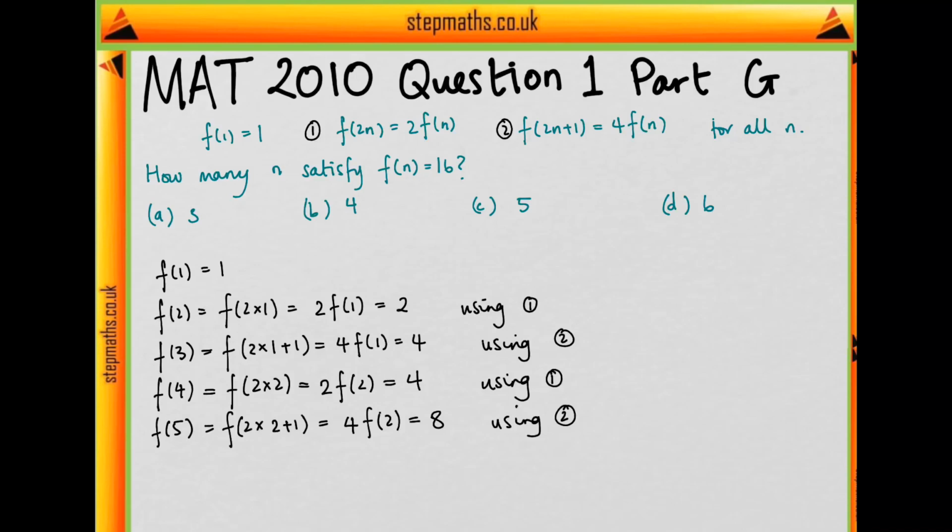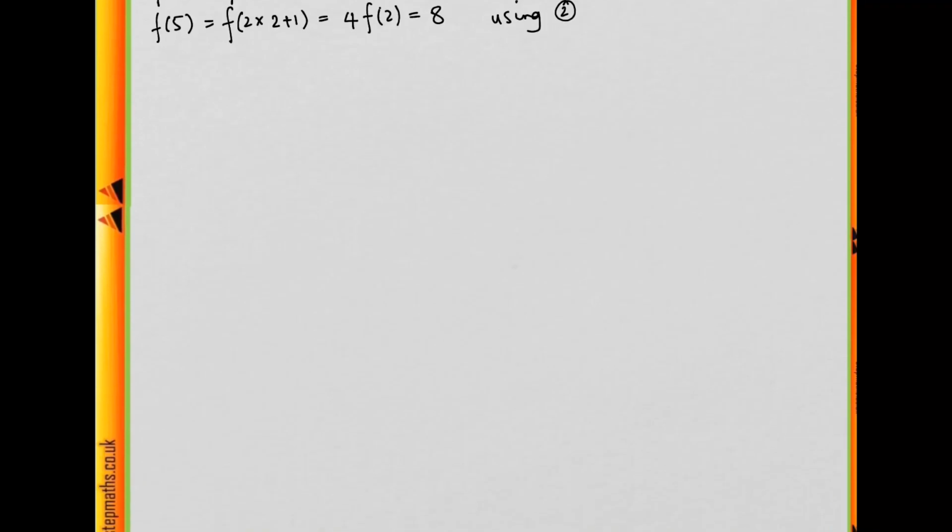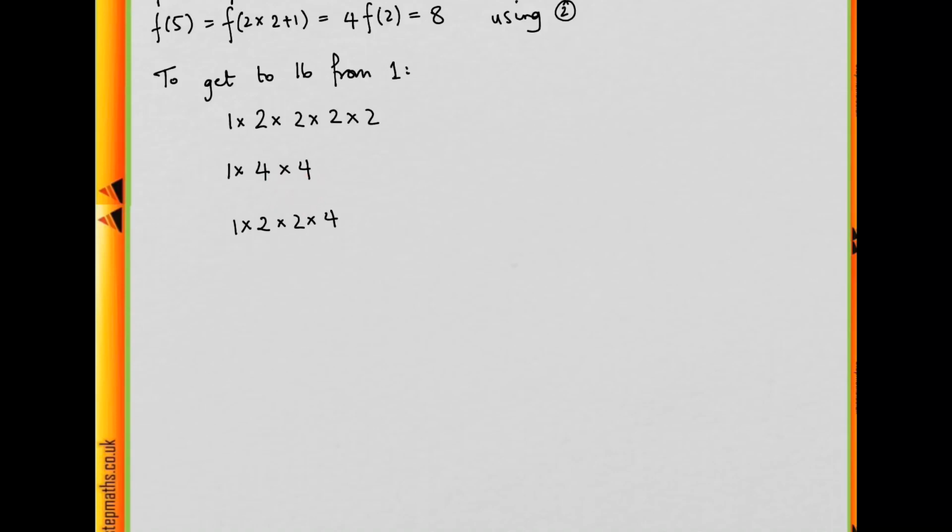And so if we're starting off from 1 and we want to get to 16, how can we do that whilst only multiplying by either 2 or 4? Well, either we can multiply 1 by 2 four times, or I can multiply by 4 twice, or I can multiply by 2 twice and 4 once, in some order.